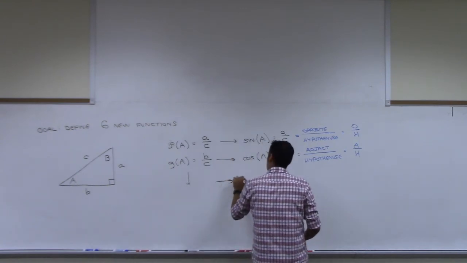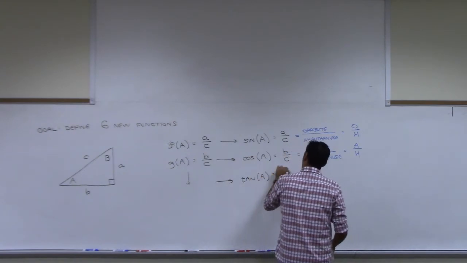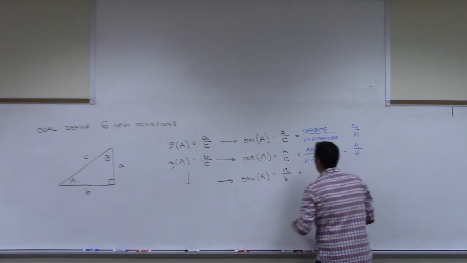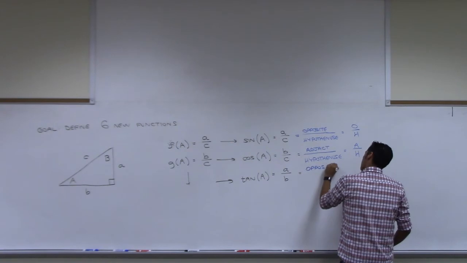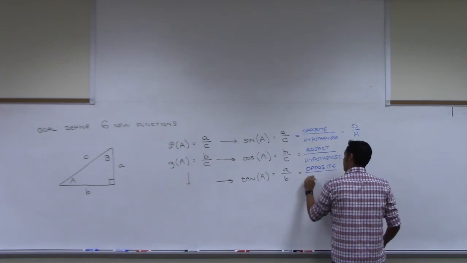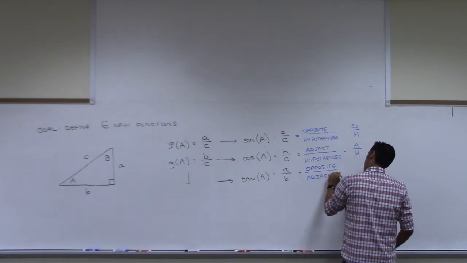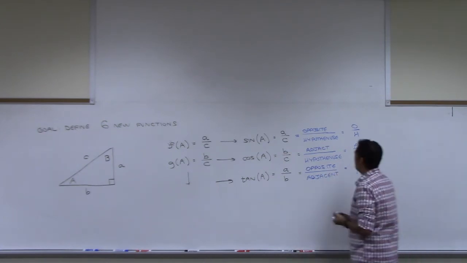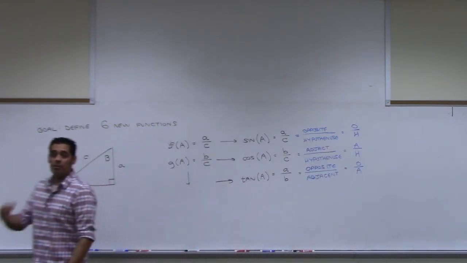The next one would be tangent of A, would be little a over little b, which in terms of language is the opposite over the adjacent. And this would be O over A. All right, that's 3. We're halfway there.